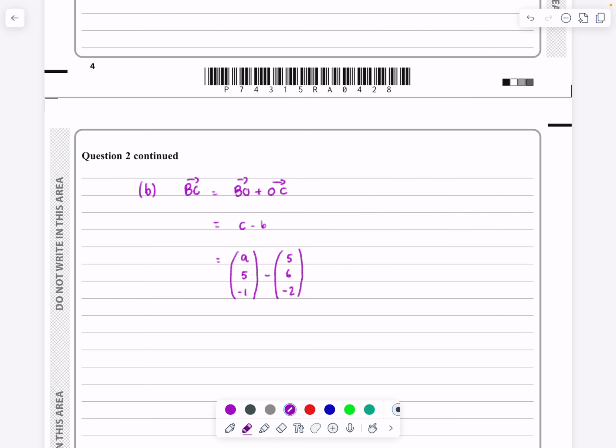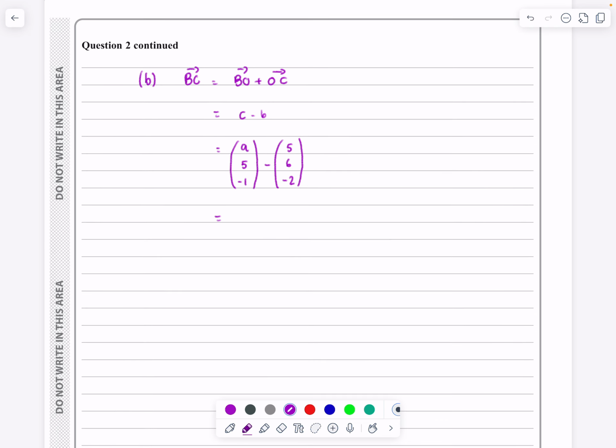So what does that give us as my vector for BC? That's going to be A minus 5, that's going to be minus 1, and that's going to be 1 there.